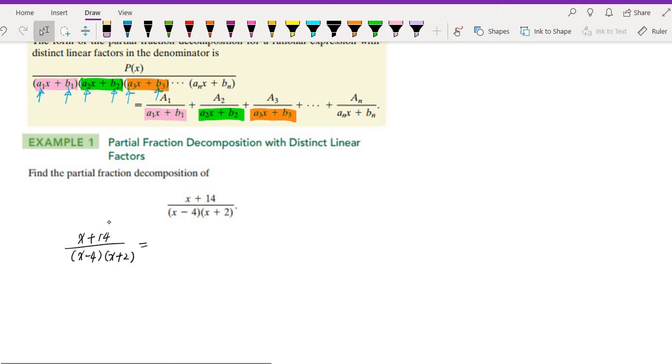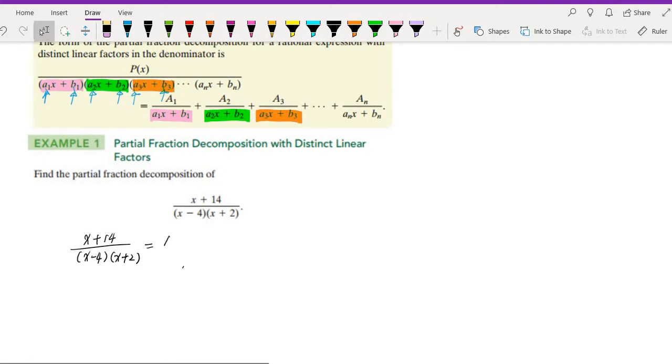For x minus 4, I want you to only look inside the parenthesis. x minus 4 is a linear factor because we only have x. We don't have x squared, that would be quadratic, and we don't have x to the third power. So x minus 4 is a straight line, a linear factor. Same thing for the second part, x plus 2, that's also a linear factor. That's why we can satisfy case 1.